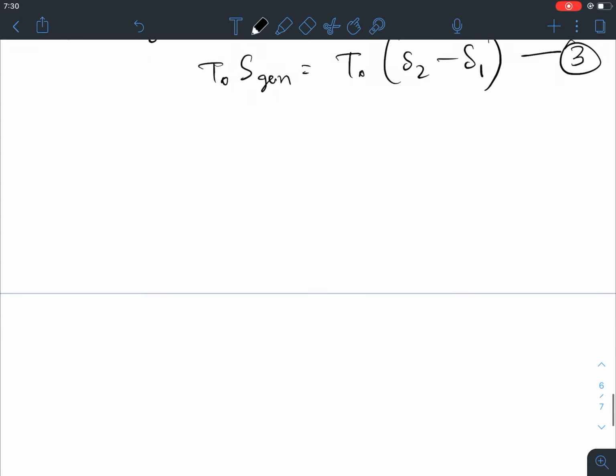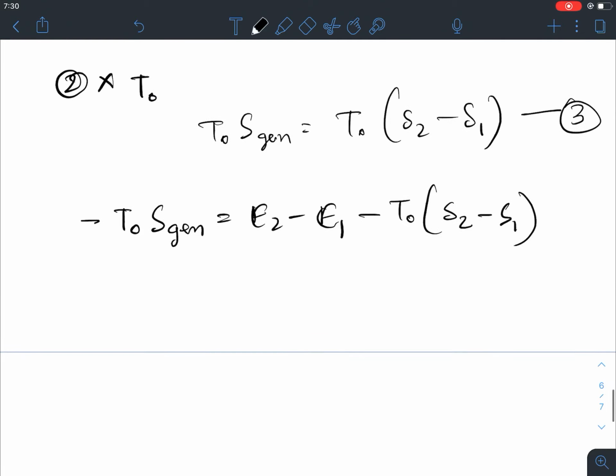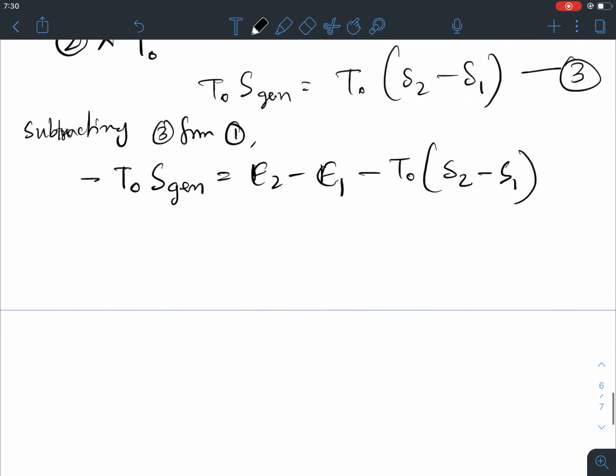Now if we subtract this equation from equation 1, then the expression will become minus T naught S gen equals E2 minus E1 minus T naught of S2 minus S1. So subtracting 3 from 1, we get this expression.